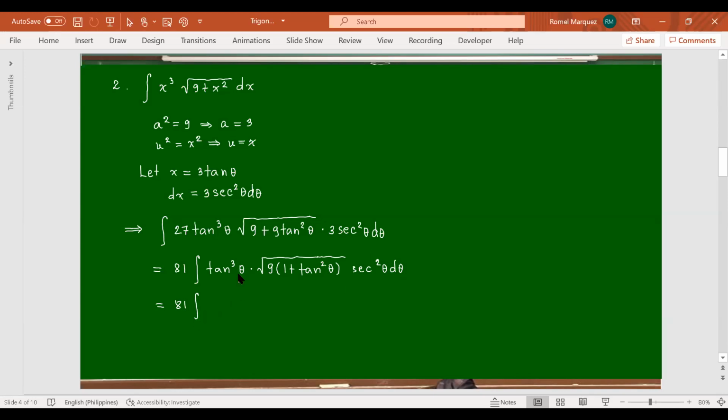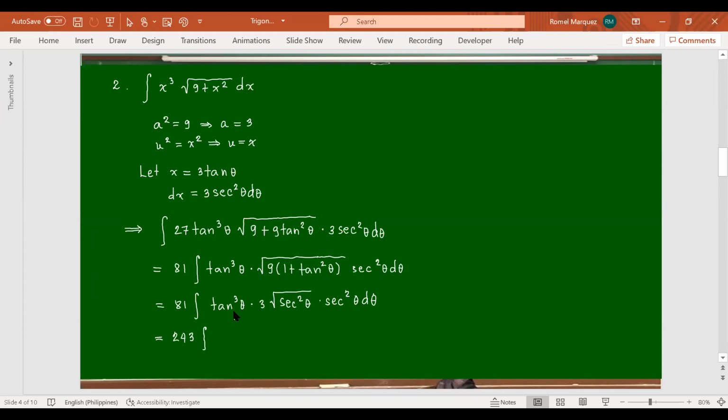Integral of tangent cubed theta times, so this is 3 secant squared. Square root of, so the square root of 9 is 3. So secant squared theta times secant squared theta d theta. So this is equal to 3 times 81. 3 times 81 is 243.